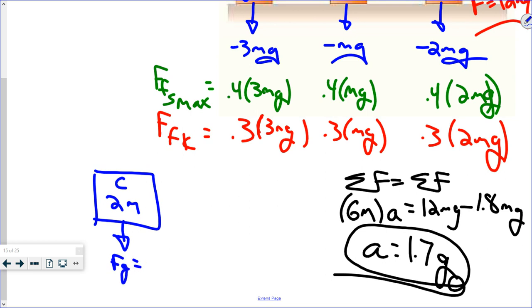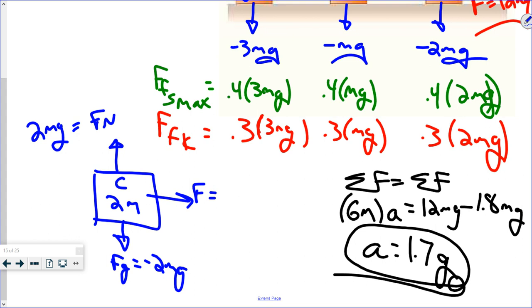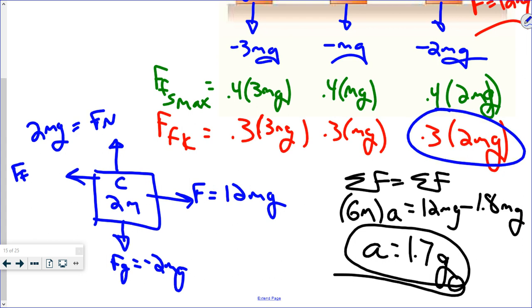Force of gravity is negative 2mg, normal force is positive 2mg. We've still got the force of 12mg over here. We're going to have friction, which is why I did this, so that's 0.6mg, and negative T.